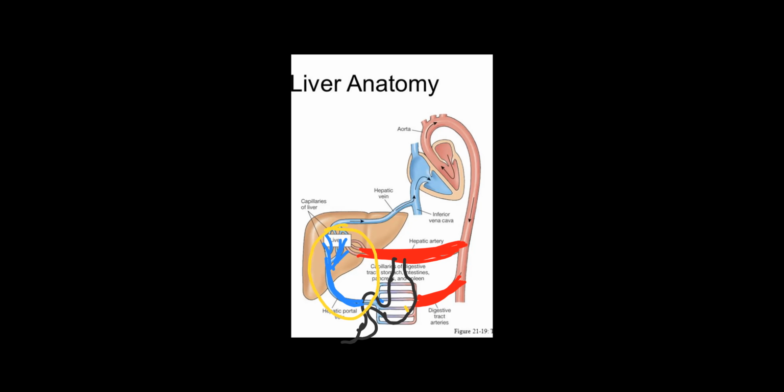A hepatic portal vein, arising from the alimentary canal, rather than reaching the vena cava directly, will open into the liver. From the intestine and other parts, it will arise and open into the liver. This is called the hepatic portal vein, and the system is called portal circulation.